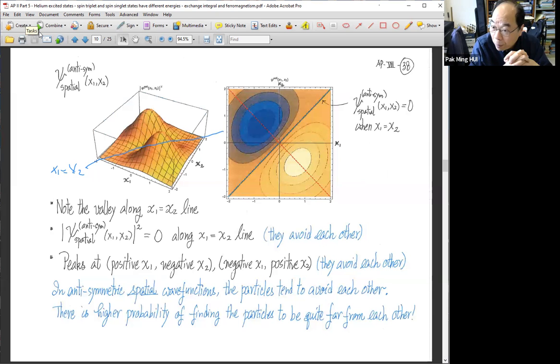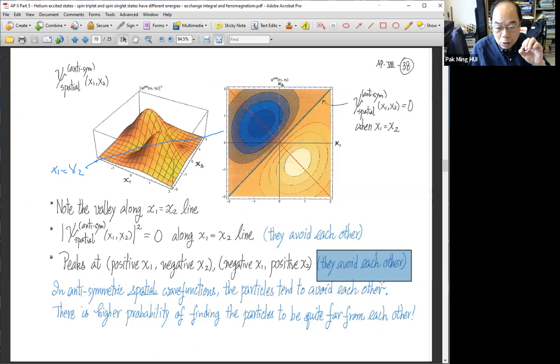So that is a very profound physical sense you must acquire. With an antisymmetric spatial part, the particles tend not to like each other. In other words, they try to avoid each other. But you must understand that in plotting this, we are using, in this example, the harmonic oscillator single particle states.